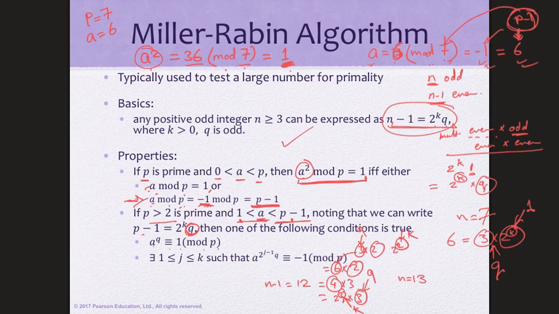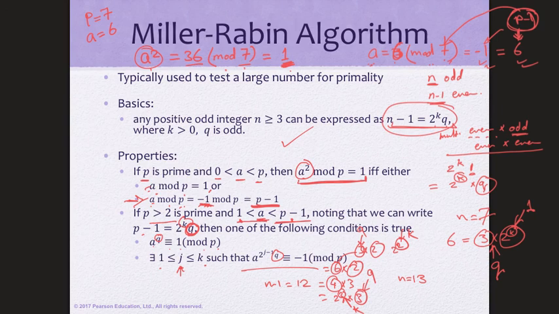Or, so either one of those two conditions is true. We can find some j greater than 1 and less than k, where k comes from this representation, such that a to the power 2 to the j, so let's say j here is 3, so 2 to the power 3 minus 1, which is 2, so 2 to the power 2, multiplied by the q, the odd number that comes from here, is going to be equal to minus 1 mod p. And you need to try different j's until you get the one that allows you to get this.